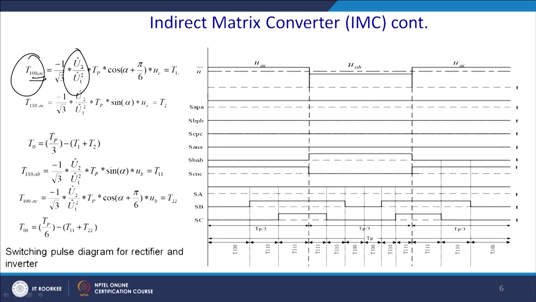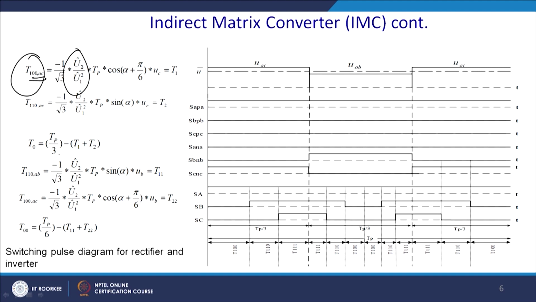Similarly, for T2 we have a sine component, which should be minus 1 by root 3 times Tp sine of alpha times UC, equal to T2. You subtract T1 and T2 and you get T0.